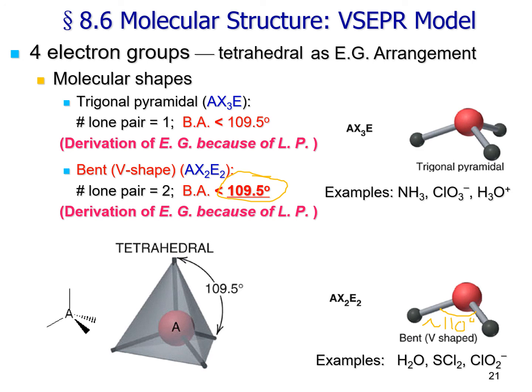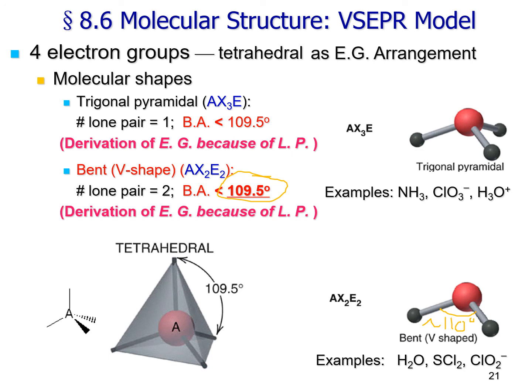Remember, we have a bent shape with 3 electron groups as its molecular shape. The bond angle there is 120. That makes the difference. If we find a V-shaped or bent structure with an angle of 120 degrees, we know there will be 3 electron groups on the central atom.